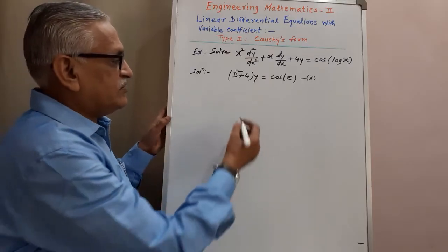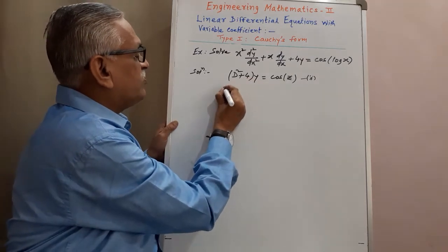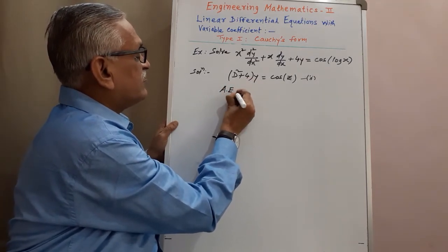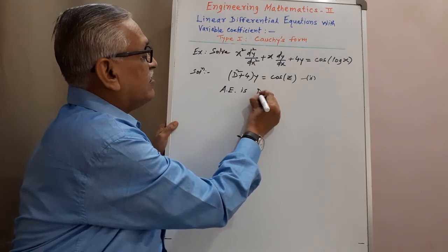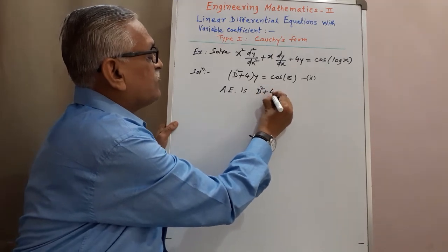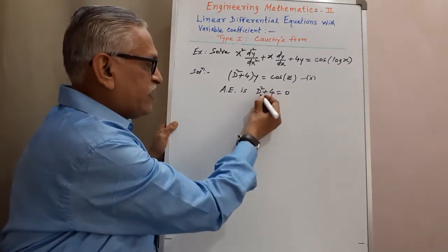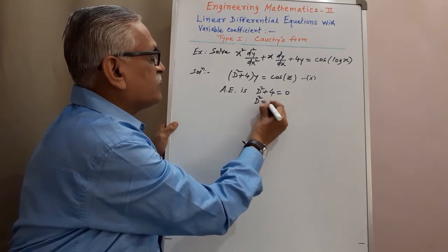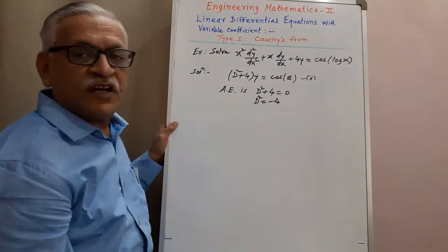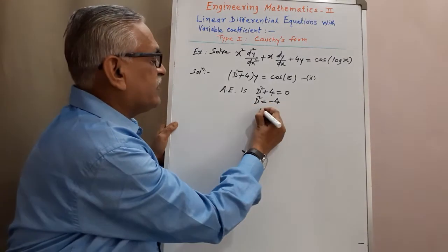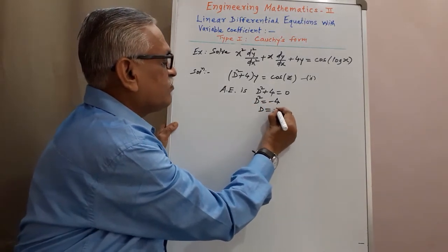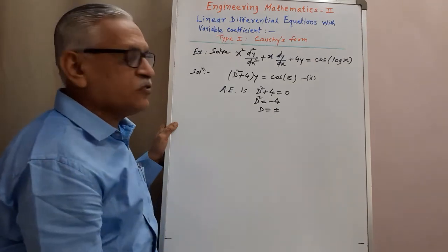Finding CF, for that the auxiliary equation is D square plus 4 equated to 0. Solving it for D, we get D square is equal to minus 4. Taking square root on both sides, we get D is equal to plus minus root of minus 4.